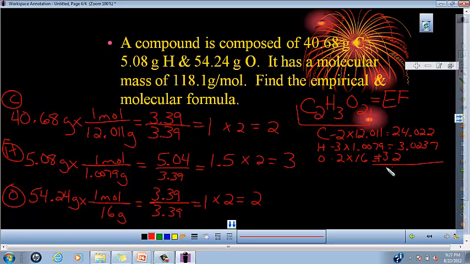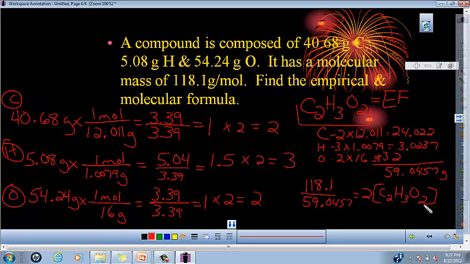All right, and we get 59.0457 grams. All right, then you take your molecular molar mass, divide by the empirical molar mass, and then you multiply that by the empirical formula, and that gets you the molecular formula.